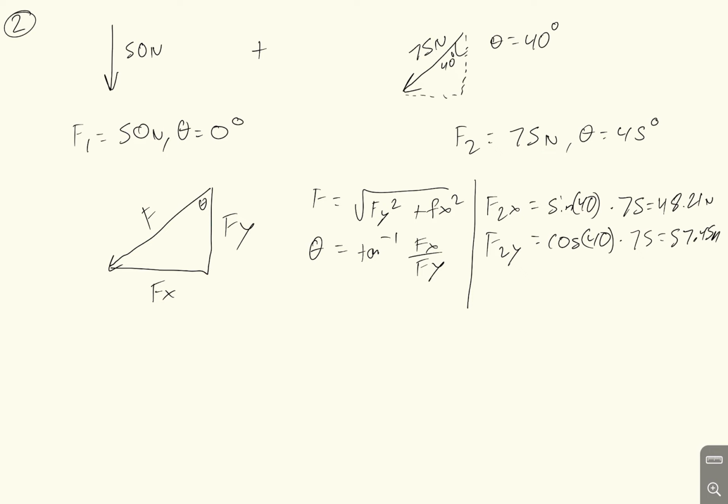And then we just add that with our initial components. So y was 0, so the F2y will stay the same. And then, y was 50, so we add 50 to 57.45. And then our initial x was 0, so our 48.21 stays the same. So our final vectors, our y will equal 107.45 newtons going downwards, and our x will be 48.21 newtons going to the left.